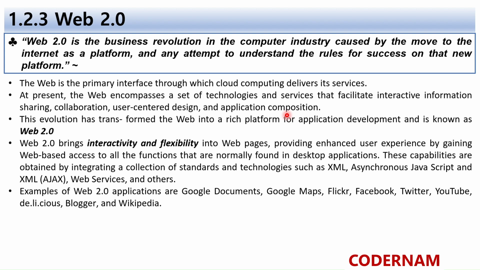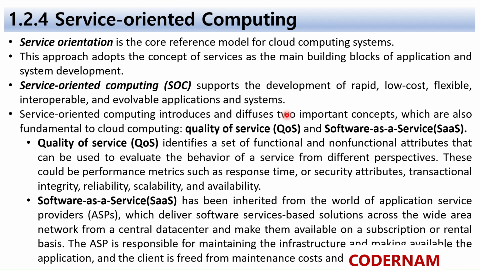Like nowadays we have web pages, and inside that we get a hyperlink. By clicking on that, we are directed to another page. These are some of the revolutionary changes that happened in web pages. Some examples are Google Documents, Maps, Flickr, Facebook, Twitter, YouTube, etc.